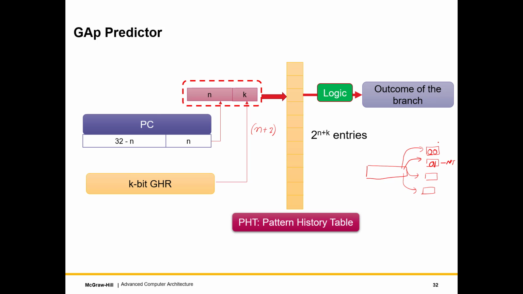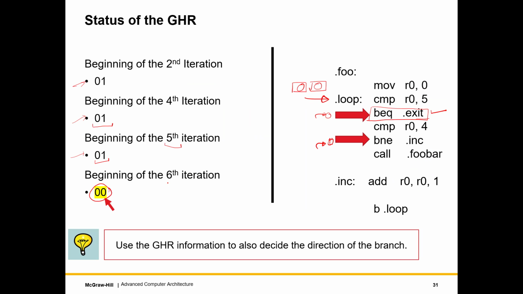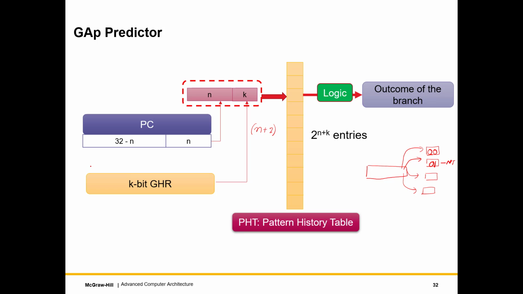But if we consider 0, 0, what we see over here is that in no other iteration is the value at this point for BEQ equal to 0, 0. And furthermore, when the GHR is 0, 0, the branch is always taken. Hence, what we can record over here, which automatically the saturating counters will get trained to, is actually 0, 0, and at this point the branch is taken.